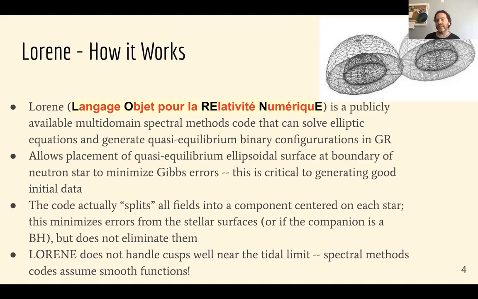And fields are divvied up so that there's a component of a field that's in some sense seen as centered on the first star and seen as centered on the second star. This creates some challenges, in particular if you want to consider not just neutron stars, but also black holes, in the sense that the fields centered on an object are well suited to deal with any kinds of non-smooth behavior that comes from the neutron star surface, or for a black hole, an excision surface around the horizon, where you apply boundary conditions.